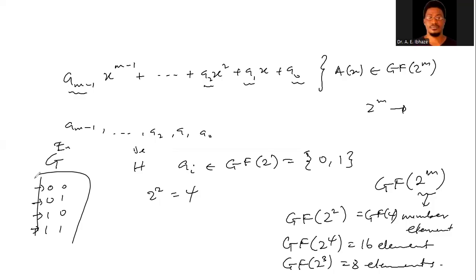So let us look at one example. As we begin to look at these examples, I think things will get clearer. Let us look at the Galois field 2 to the 4.